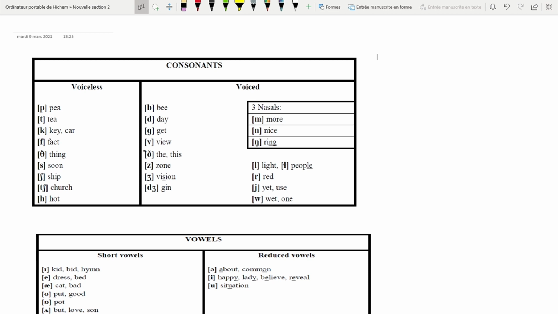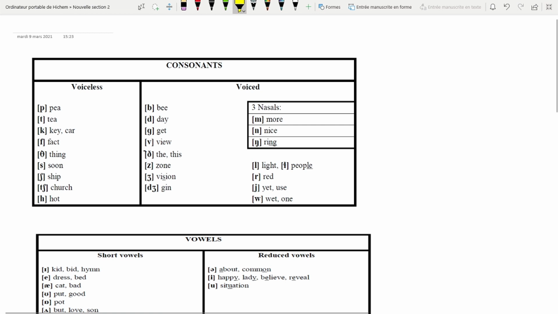All right. So the first point to discuss today is consonants. In phonetics, you must have seen that we have two types of consonants: voiceless consonants and voiced consonants. Today we're going to see how we transcribe.